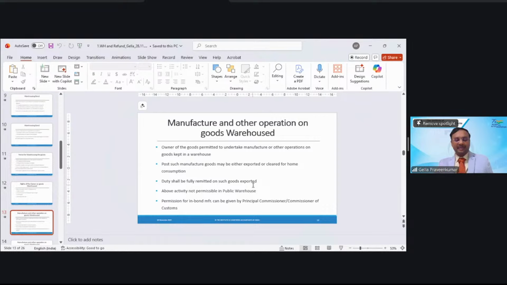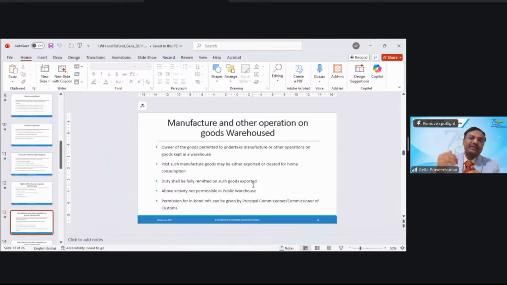Manufacturing and other operations are permitted, as we have mentioned, only in case of a private or special warehouse. Post-manufacture, either I can export these goods or I can clear them for the domestic tariff area. In case there is any refuse or scrap, the duty shall be remitted if the goods are exported.